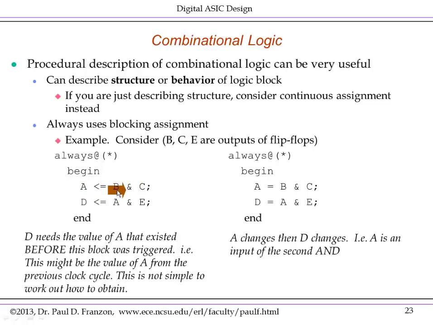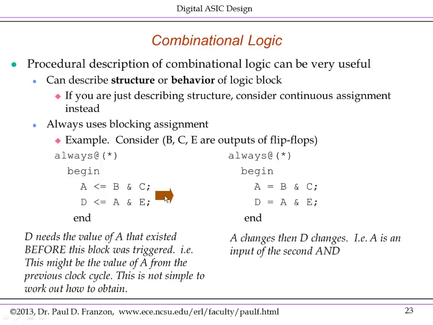We're changing that. So it's somewhere else in the design. And it might even be, if this was the first time this block was triggered in a clock cycle, in the combinational logic in the previous clock cycle. There's no logic that corresponds to this, at least no combinational logic. We'd actually have to insert a flip-flop in the design, and we can't do that because we haven't specified one.